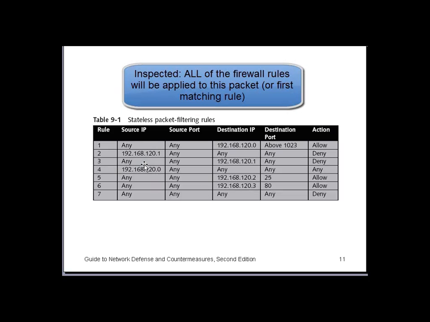However, let's just say that once there's a connection between .1 here and .2 down here, if we've allowed this connection before, there's no reason to go and compare the packets involved with that established related connection to all these firewall rules, because we've already done that and we've said, hey, it's okay. Stateless packet filtering is very inefficient because each time a packet comes in that's related to this established connection between point 1 and point 2, it's going to go through and compare the packet headers against each of these rules until one fires.